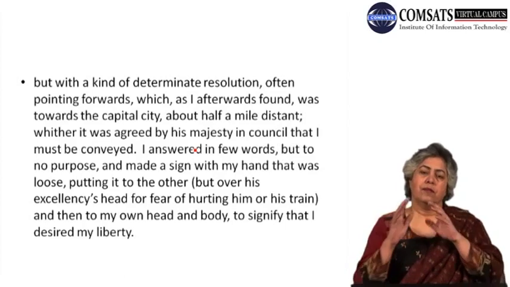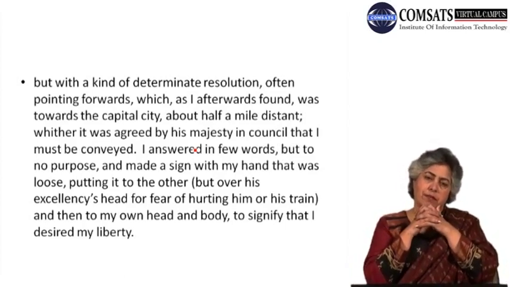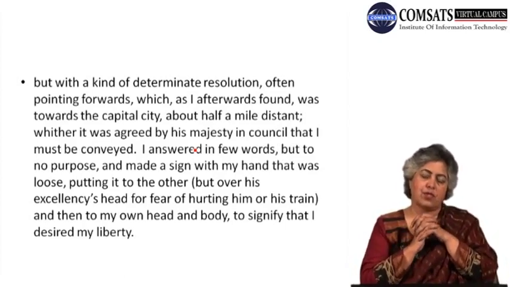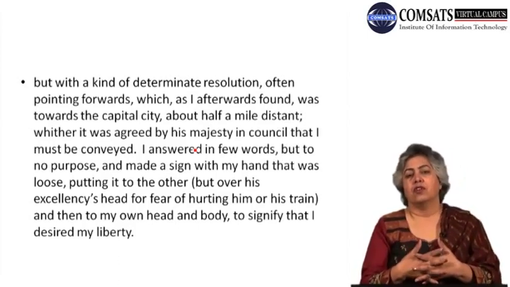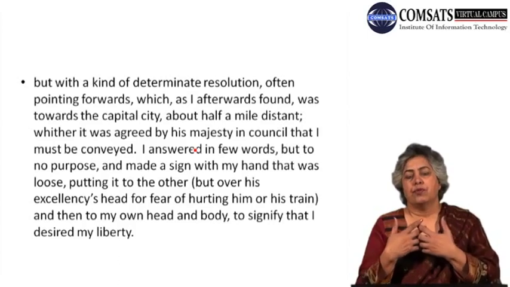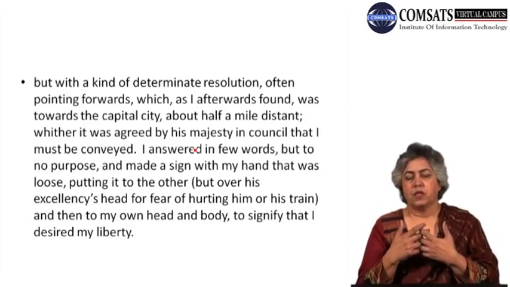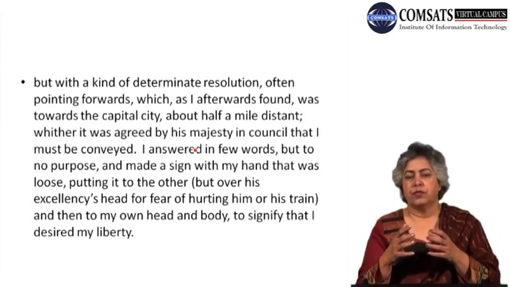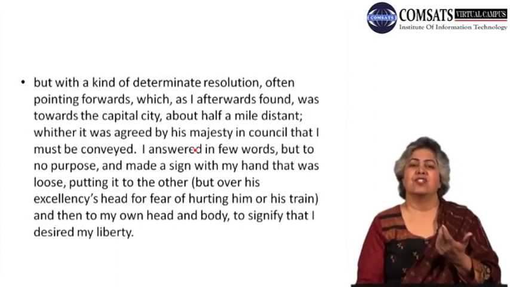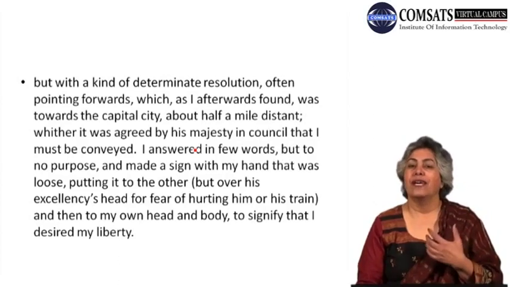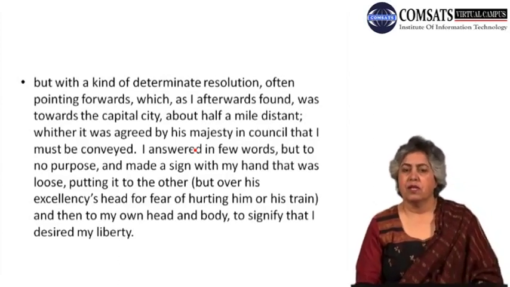Now, I told you in the very beginning that Swift is using this travelogue to comment on the rulers of the day, to pass judgment on how England was being ruled.